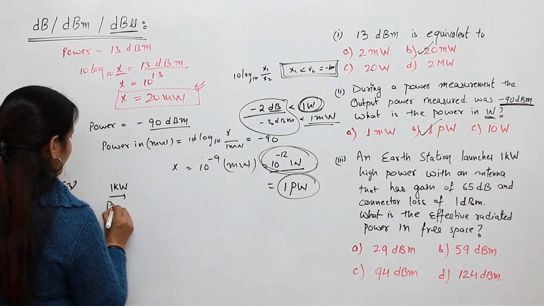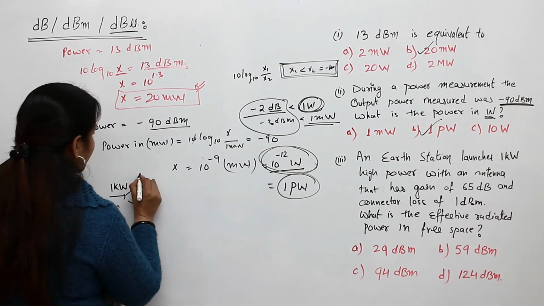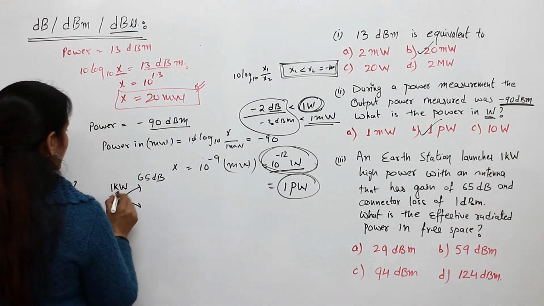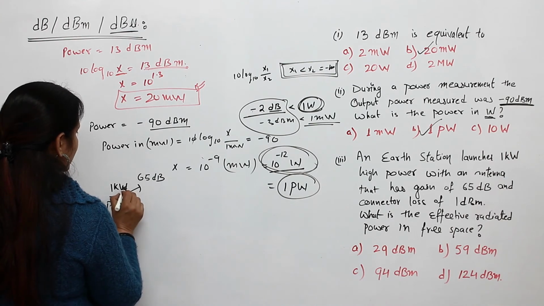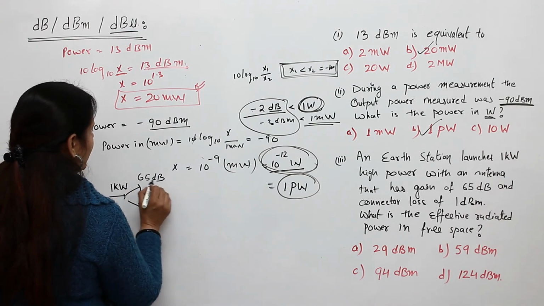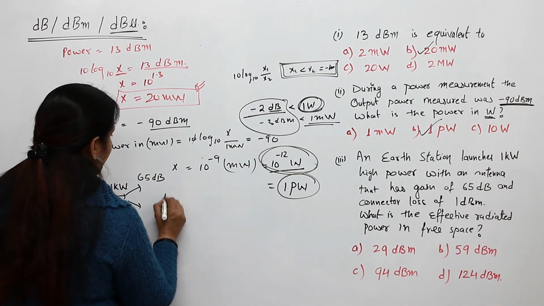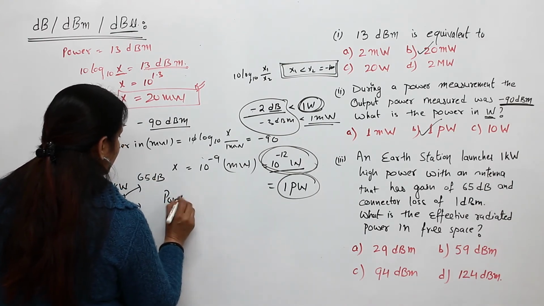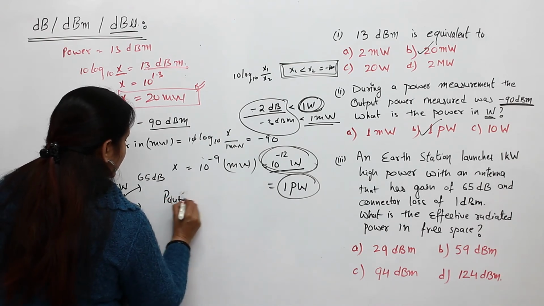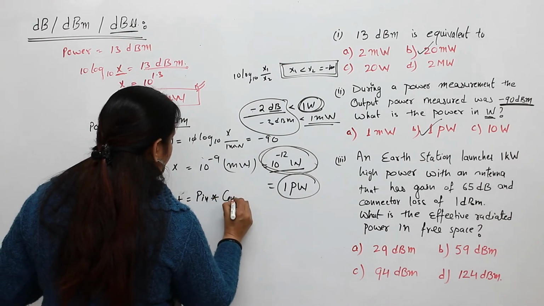kilowatt input power is amplified with an antenna that has a gain of 65 dB. Here the input power is given in kilowatts and antenna gain is given in dB. If there was no loss, then total radiated power P output will be P input multiplied by gain.